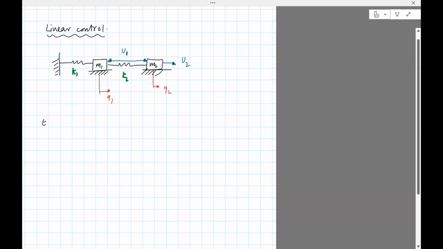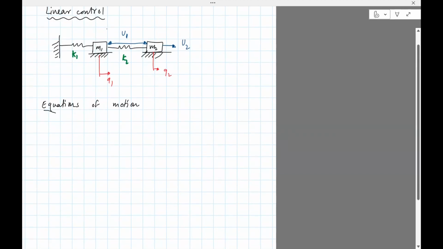First goal is to write the equations of motion. And we'll use the Lagrange equations of motion. We've done that before, and so we should be able to do this fairly quickly.